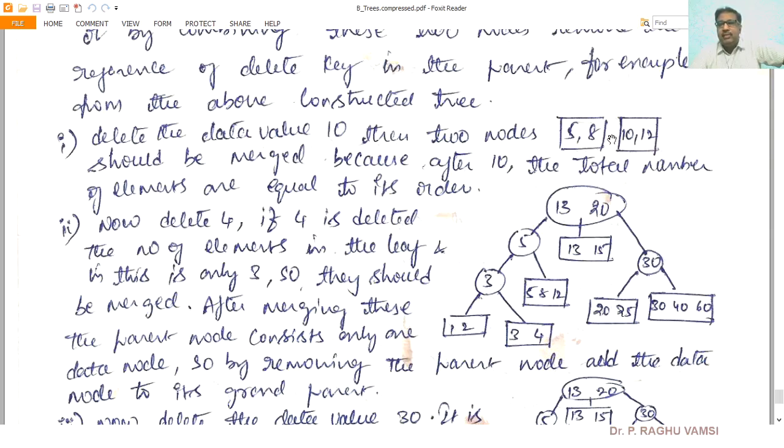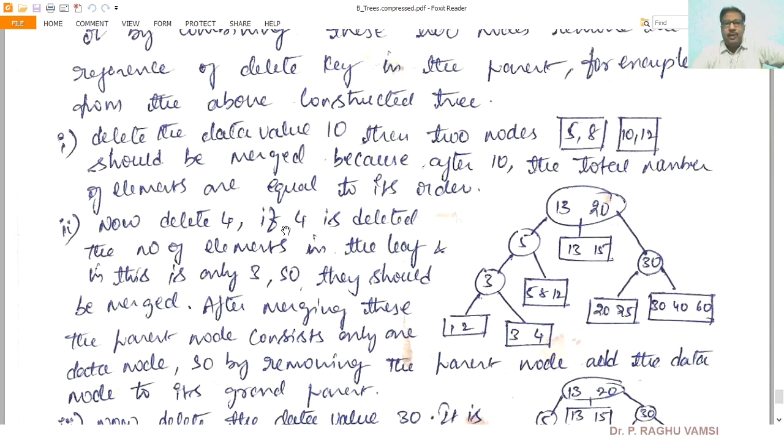Then in 5, 8 and 12, the number of elements in every node is less than or equal to the order, so you are supposed to perform the merging operation. When you perform the merge, 5, 8, 10 will be deleted and 12 will be there. And since 5 is the first element, this 5 should be updated at the parent level.